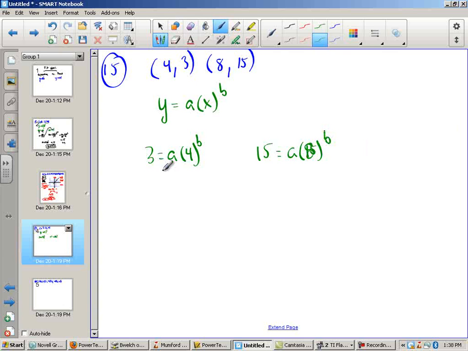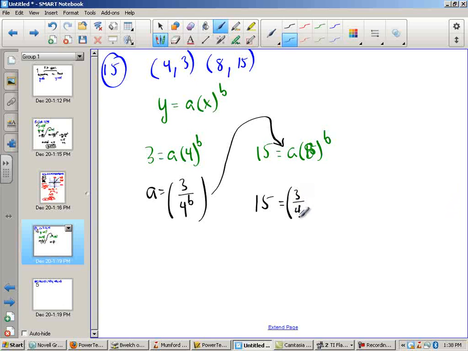There we go. And I'm going to use this first equation to get a by itself. So a equals 3 over 4 to the b power. I'm going to take this and plug it in right there. So we get 15 equals 3 over 4 to the b times 8 to the b.